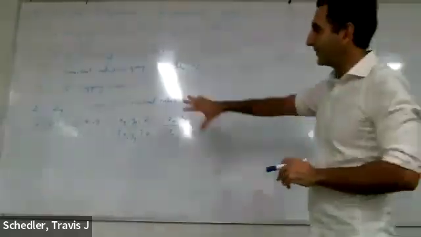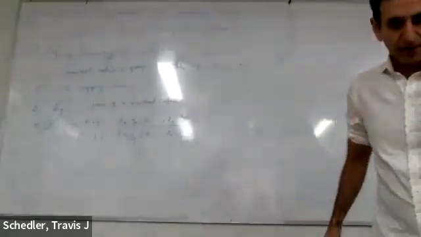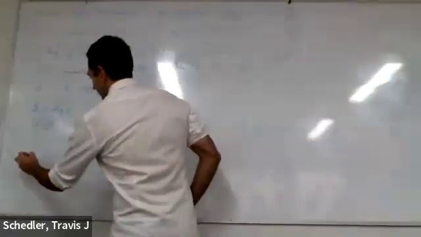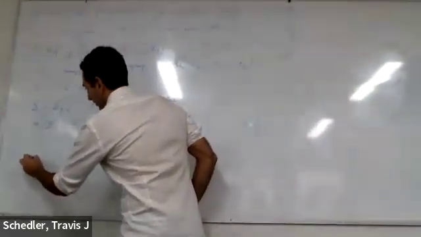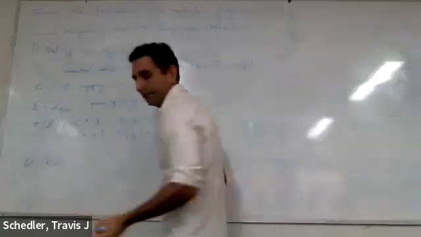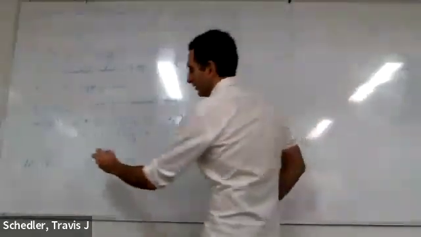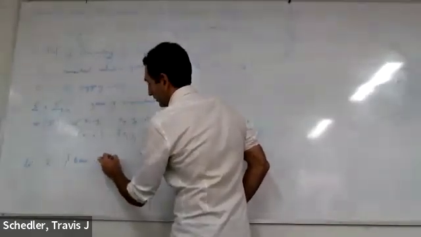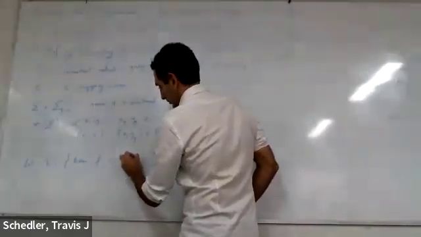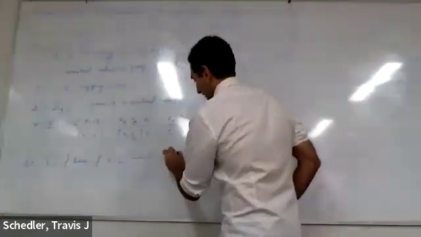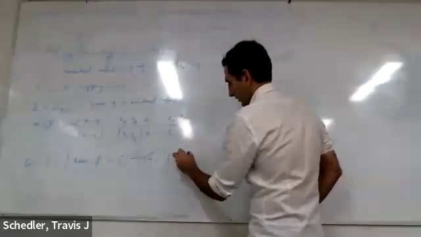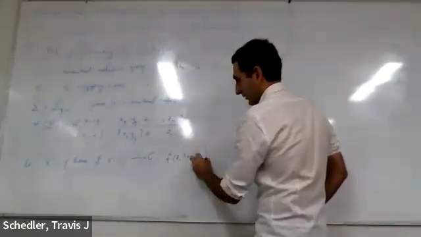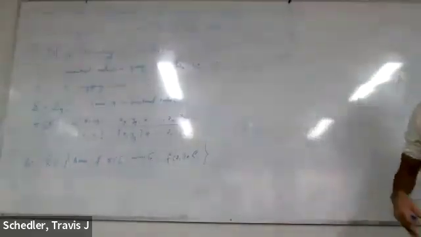Okay, so let me define for you what we're dealing with. So let R be the set of homomorphisms such that the loops go into the conjugacy classes.